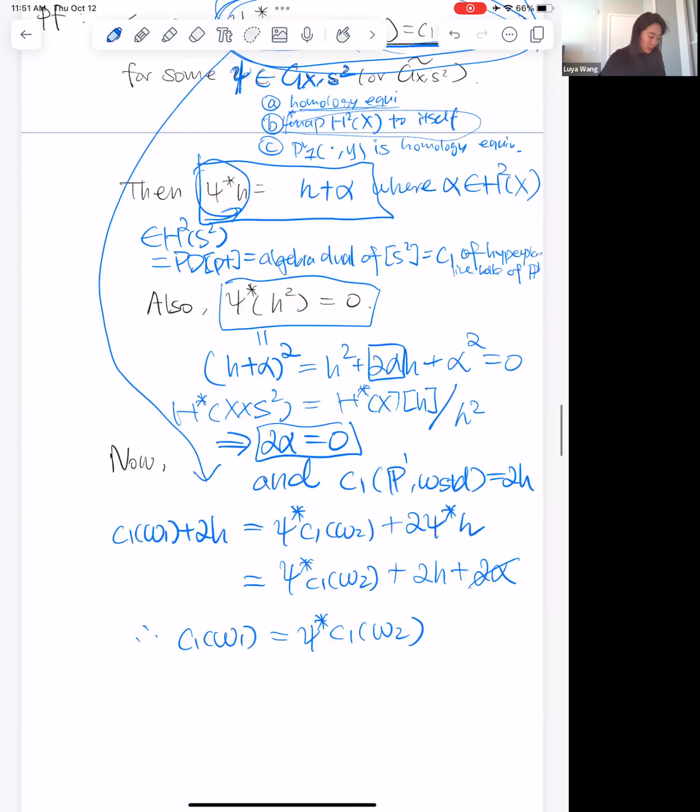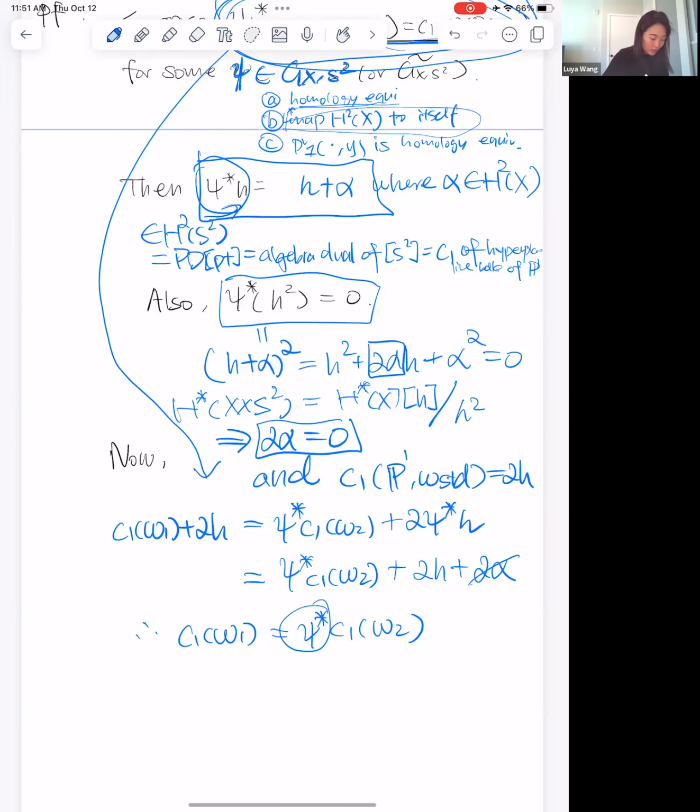So this is nice, but this is a map on the six-manifold and we want a map on the four-manifold, so we just define psi hat to be the projection of the first vector of psi star psi.